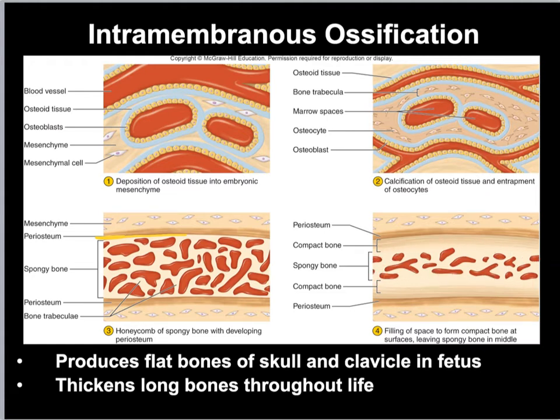And the shape that this develops into is determined by the shape of these membranes that it's developing between. As I said, this develops the flat bones in a fetus and the clavicle, and in an adult, this is how your bones grow thicker. Not longer, thicker. As your bones thicken, this is the method that is used to do that.